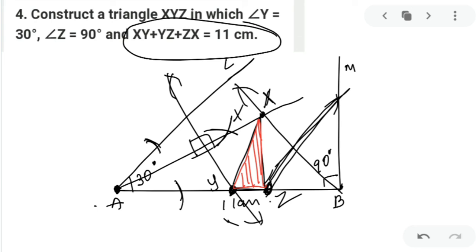XYZ. Is that clear? Now if you want to verify your answer, you can measure XY, YZ, XZ, and the addition of all three will be 11 centimeter.